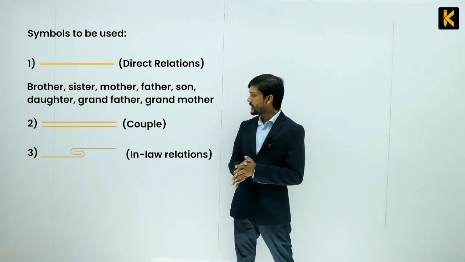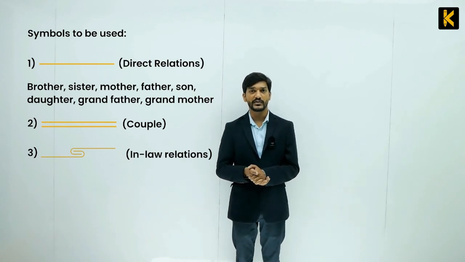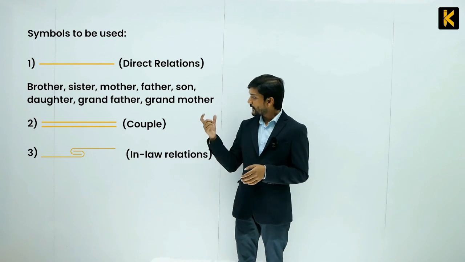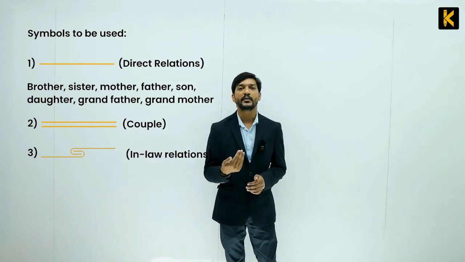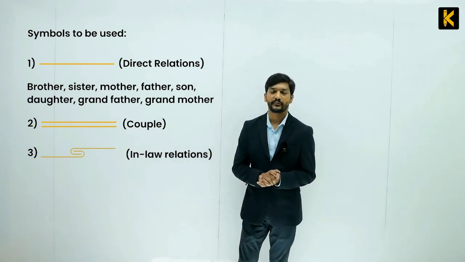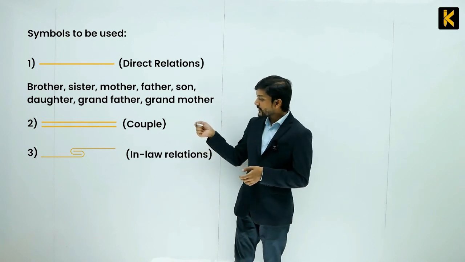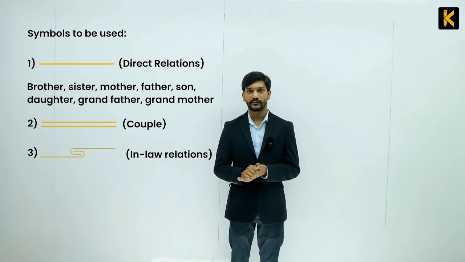It is not just like I have to take a complicated symbol to show in-law relation. There is a reason behind taking a symbol looking like this. The reason is because in-law relation comes once you get married. Okay, that's why I have represented the in-law symbol to show a marriage bond.